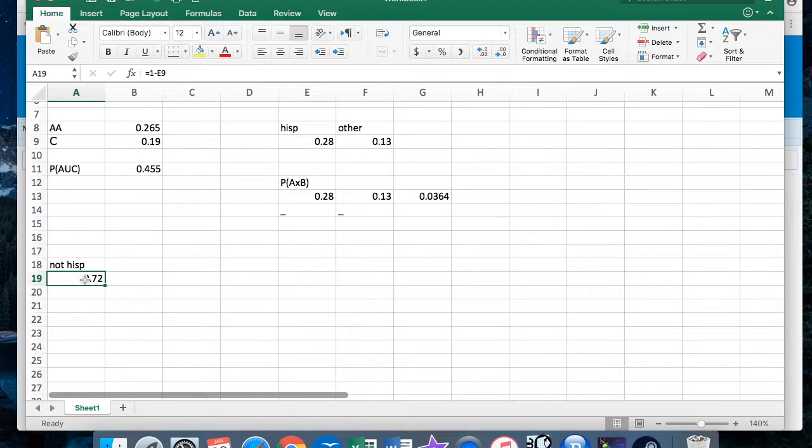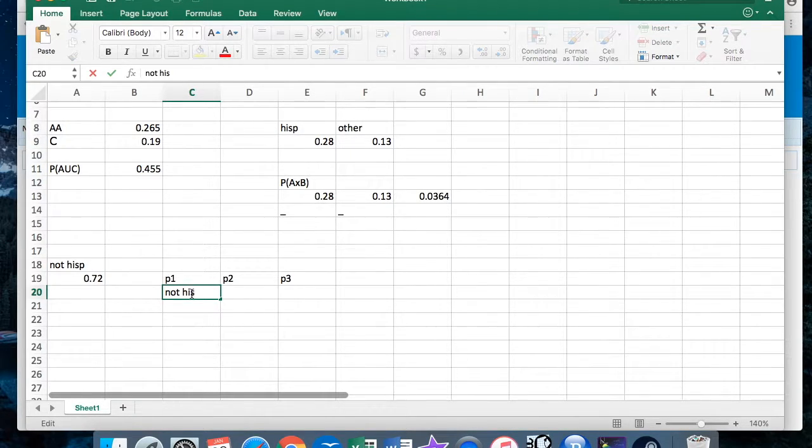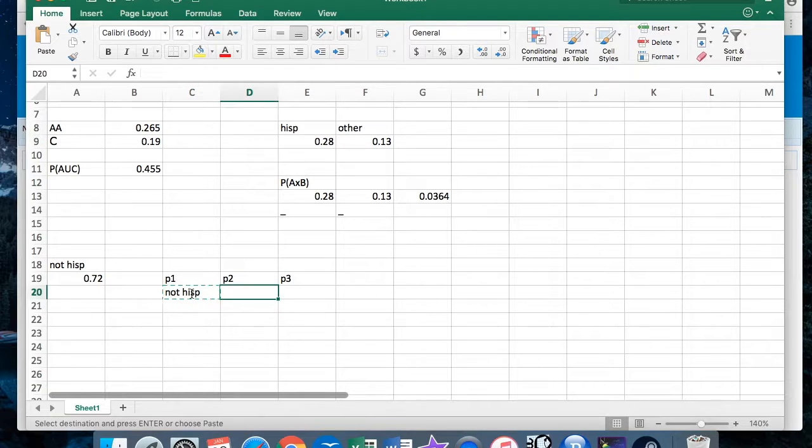Now if we're pulling three people out, this is person 1, this is person 2, and this is person 3. We want them all to be not Hispanic. So not Hispanic, and then not Hispanic, not Hispanic.